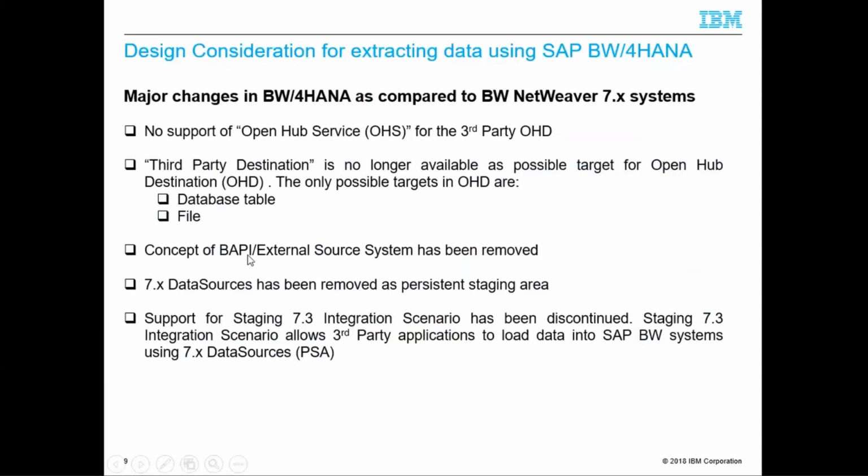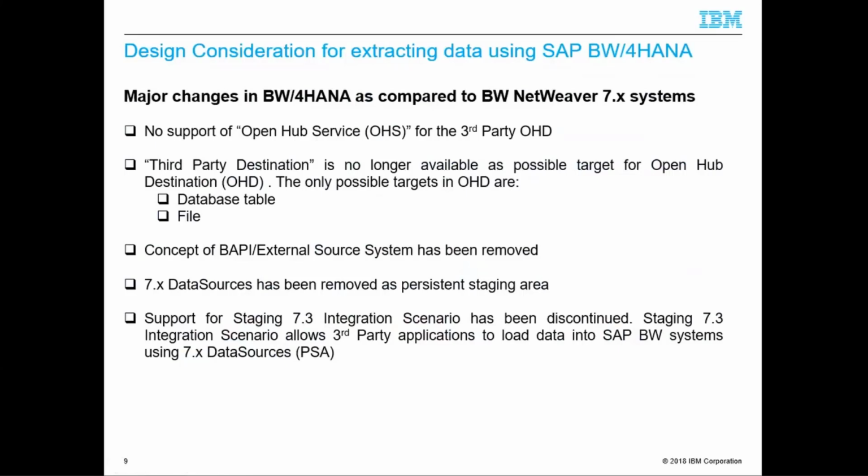The concept of BAPI or external sources in BW for HANA, and 7.x data sources, has been removed as a persistent staging area. As you would have remembered from the earlier slide, it was just replaced with the ADSO or InfoObjects. So practically speaking, we just have ADSO now. Support for the staging 7.3 integration scenario is also discontinued for now with SAP BW for HANA.